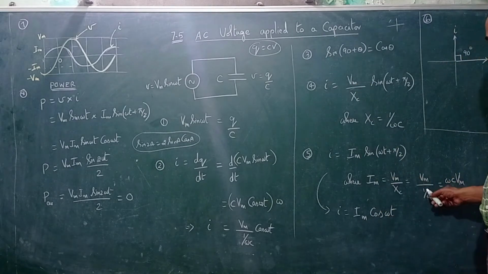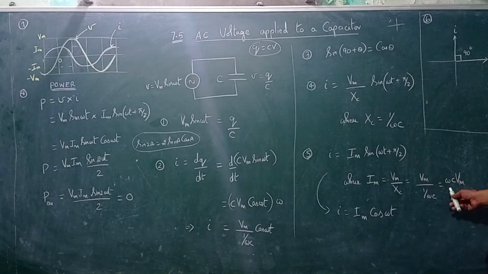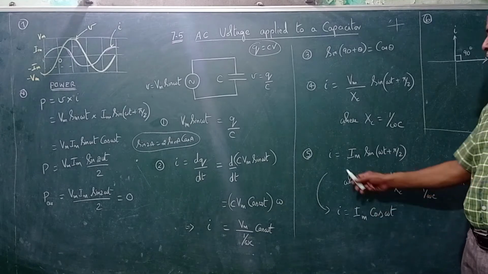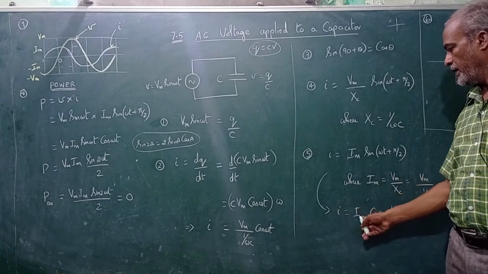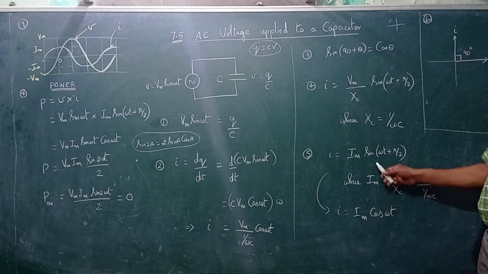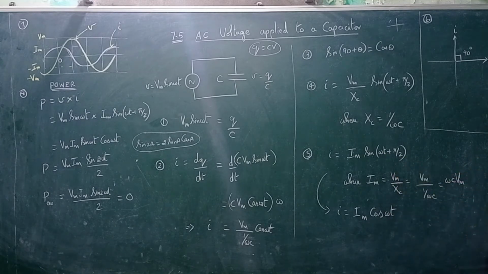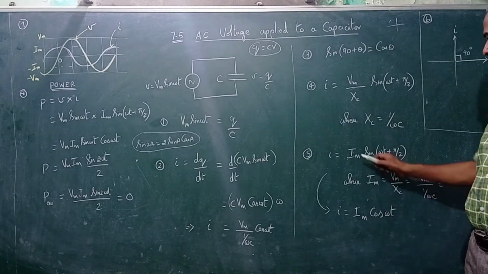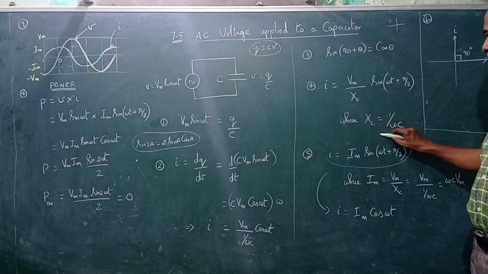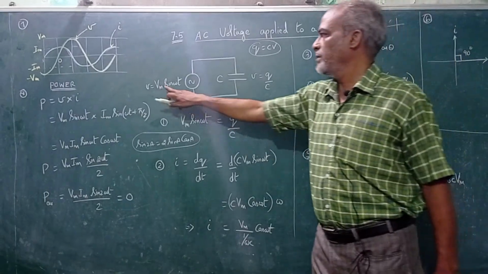That is Vm by 1 by omega c. Bring this omega c to the numerator, omega c into Vm. Therefore, this I can be written as Im cos omega t, because sin 90 plus theta or omega t is cos omega t.